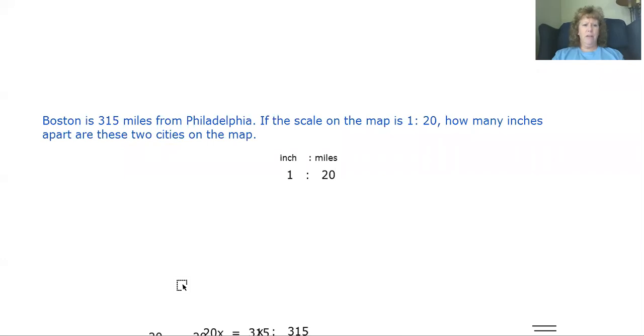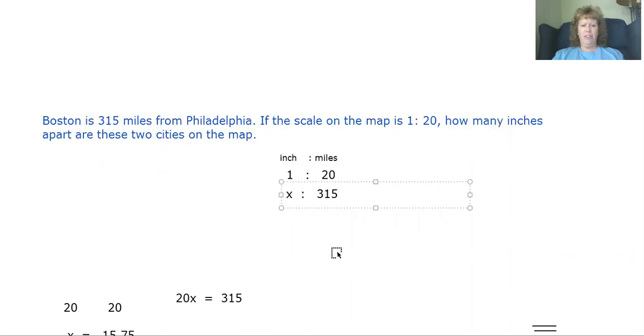Boston is 315 miles from Philadelphia. If the scale on the map is 1 to 20, how many inches apart are these two cities on the map? So here I have a note that 1 inch equals 20 miles. And if I'm looking at two cities that are 315 miles apart, then how many inches would that be?